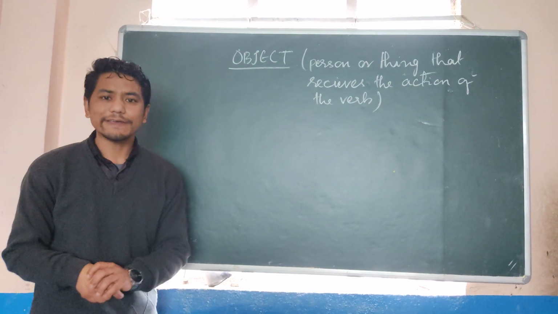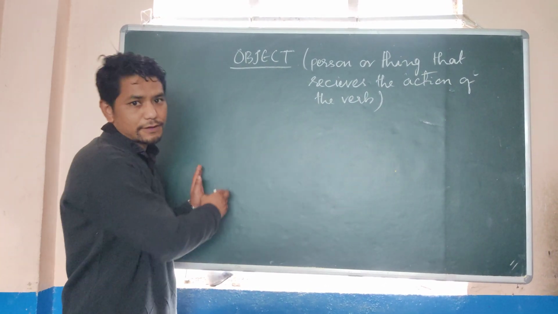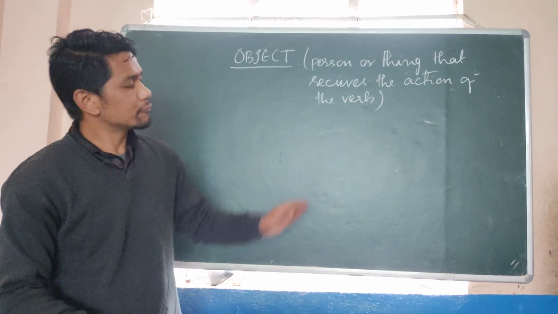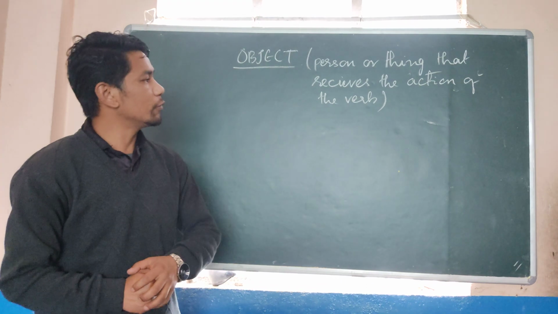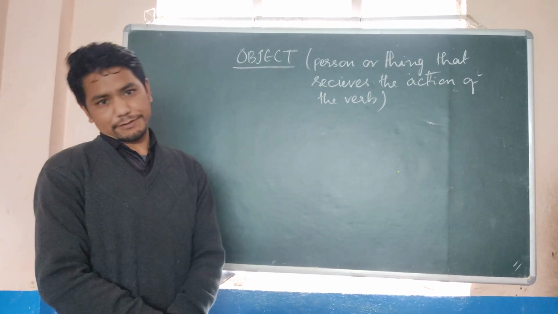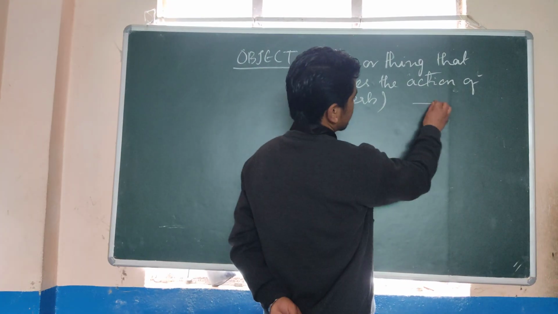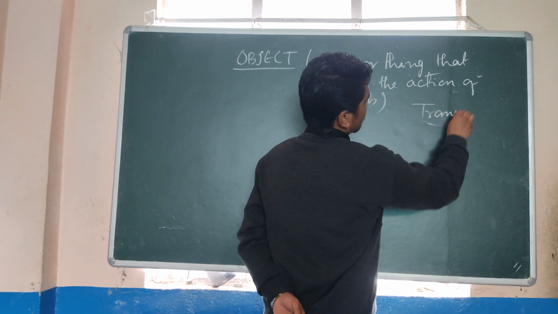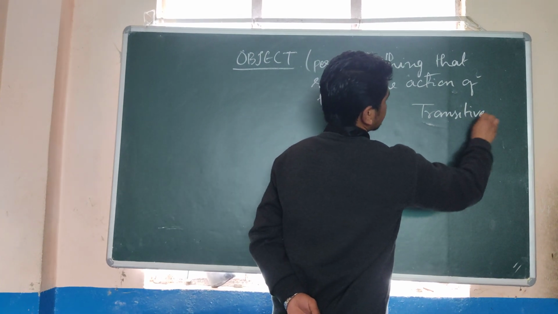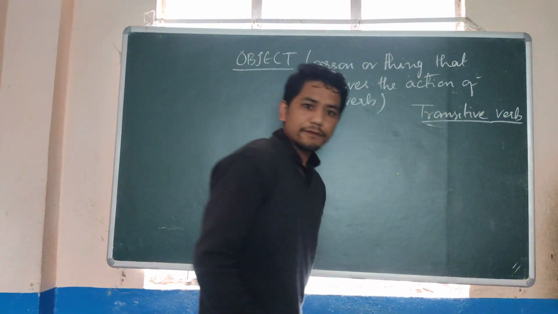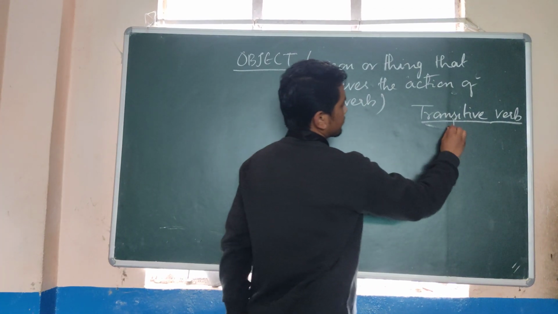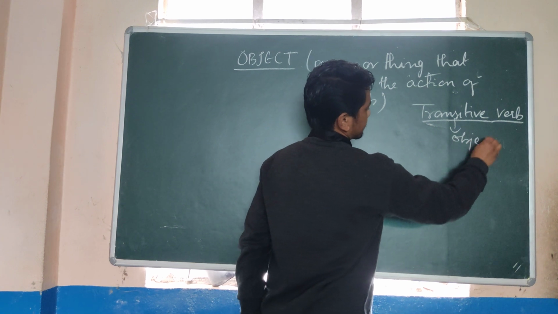That means the action passes from the subject to the verb and then to the object. So, we will find an object only in transitive sentences. You have to remember that a transitive verb has an object. Transitive verb, object.